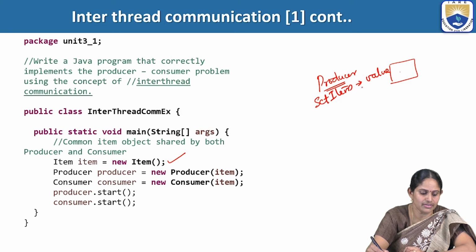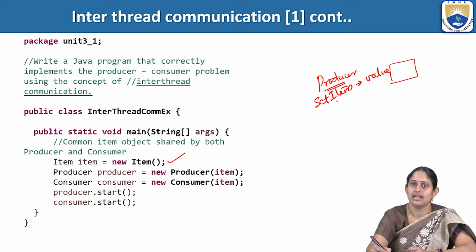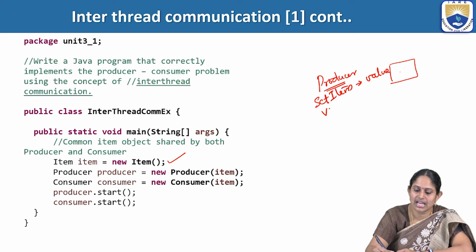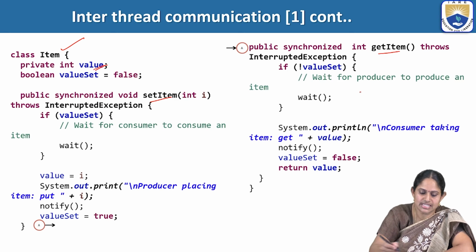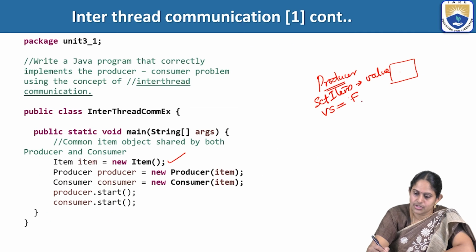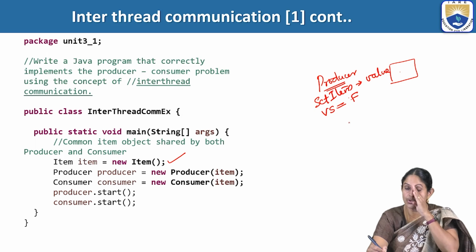To check whether the buffer is full or not, the producer will check the value of the value set. If the value set is false, it has to store the item.